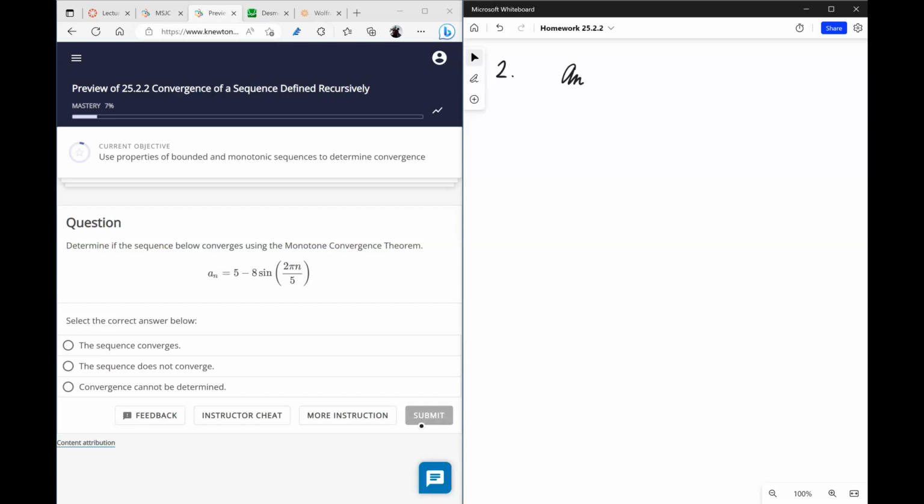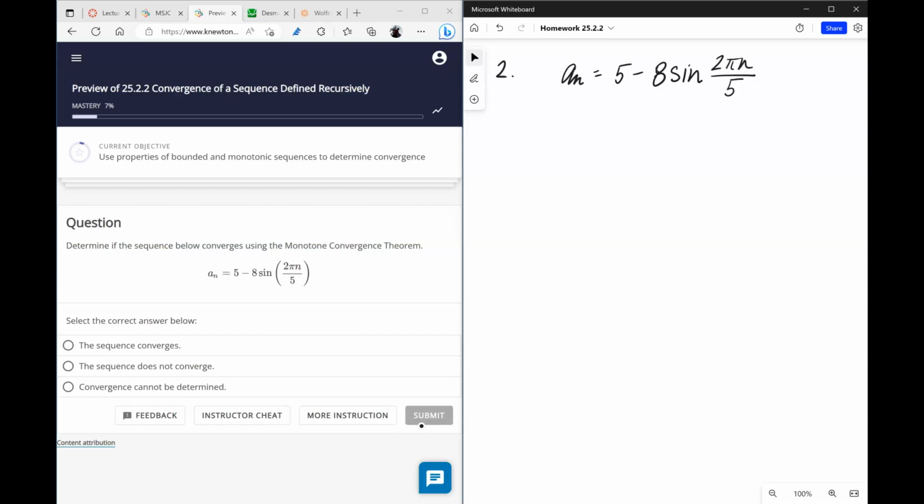Although this sequence is defined by the general formula, the 5-word theorem, also known as the monotone convergence theorem, can be used for sequences defined by the general formula, although the primary use of this theorem will be for sequences defined recursively.